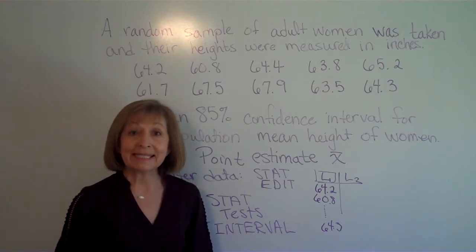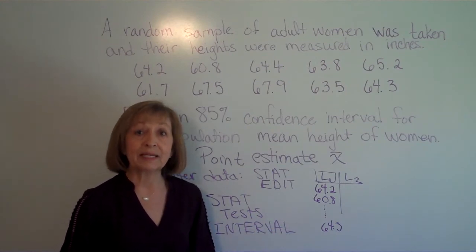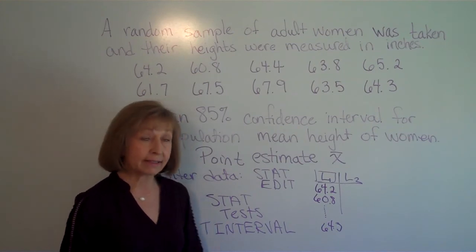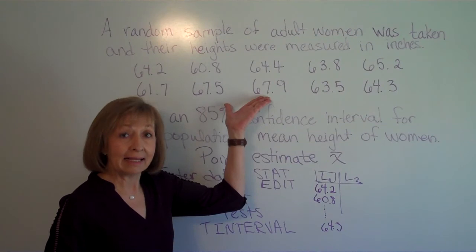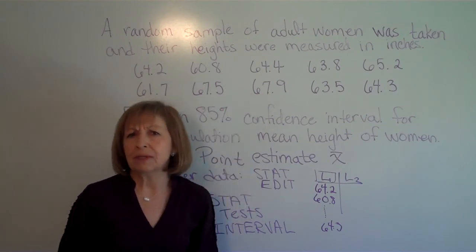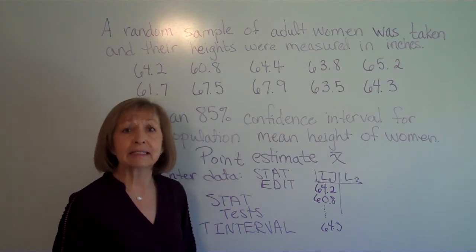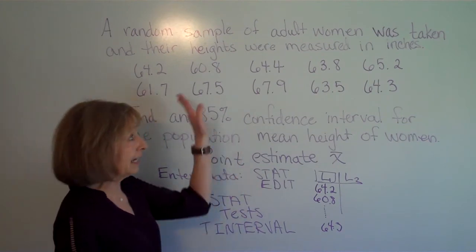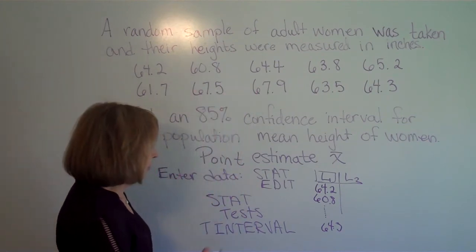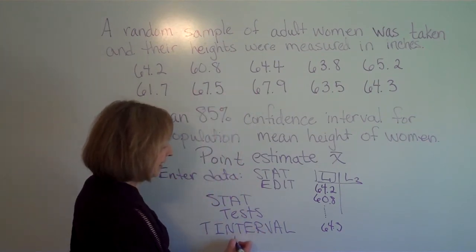And then once you get to the T interval, you're going to have an option between Data or Stats. We have Data here, so you want to cursor so that it's highlighted on Data and push Enter. Stats you would do is if they gave you the sample mean and the sample standard deviation instead of giving you the actual values.